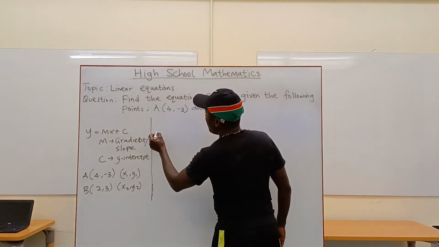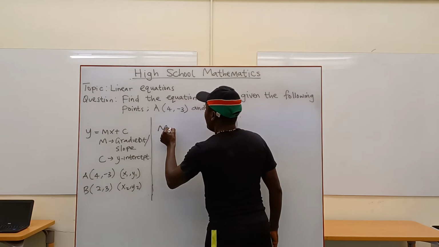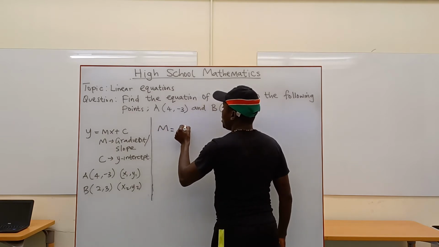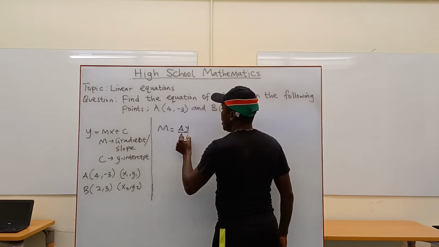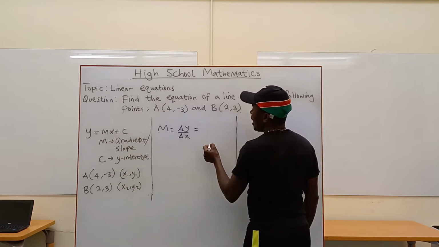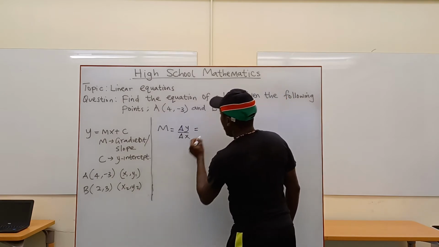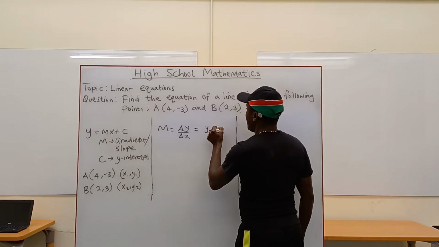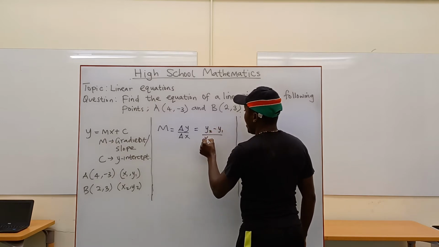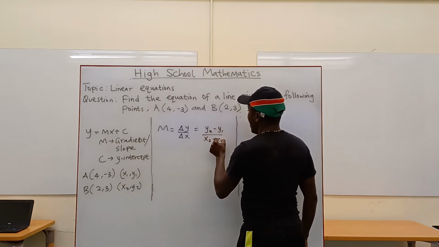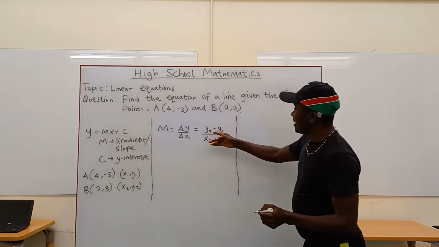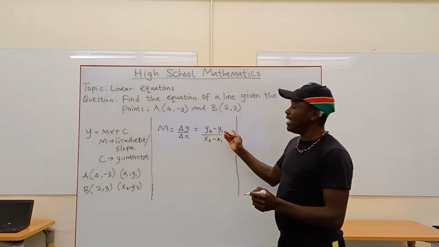The slope, which is m, is given by the change in y over the change in x, which is y2 minus y1 over x2 minus x1. Let's insert the values into the general formula.